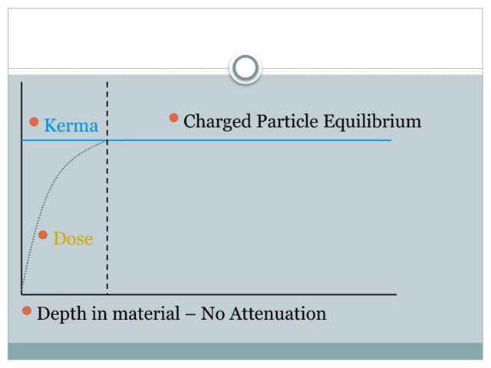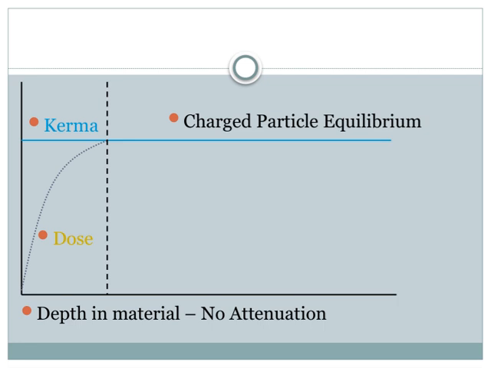Now, in a state of CPE, the amount of energy being deposited locally, what we call dose, is directly related to the Kerma. Essentially, under these conditions, the energy transferred to the material results in a dose that's equal to the initial energy transfer. This relationship simplifies many calculations because, when equilibrium exists, the kerma and dose are effectively the same.